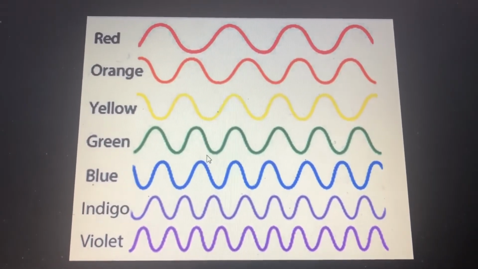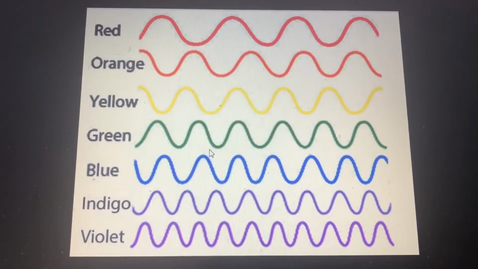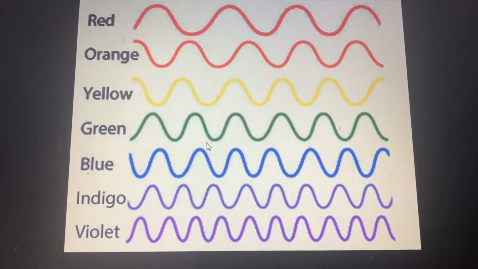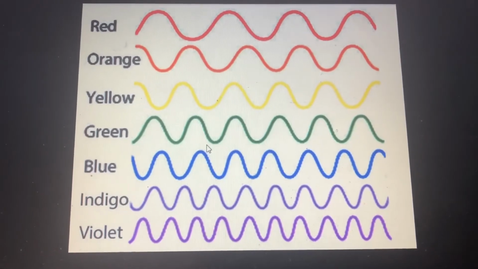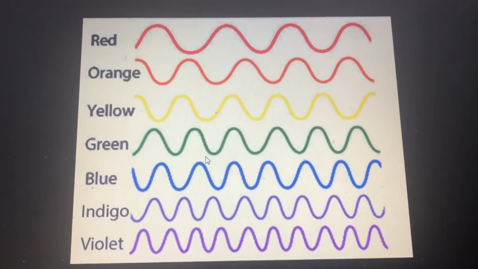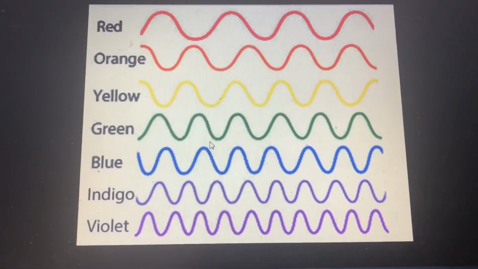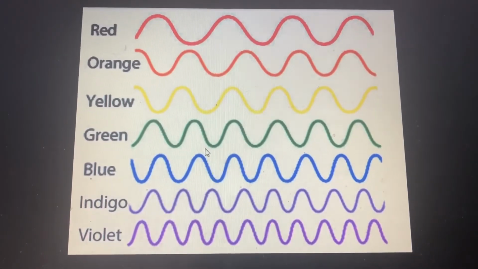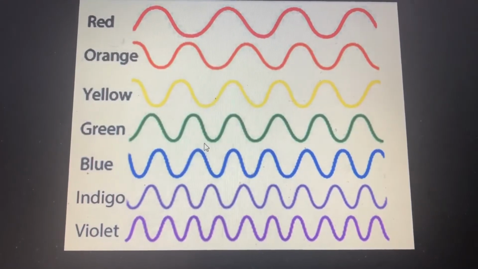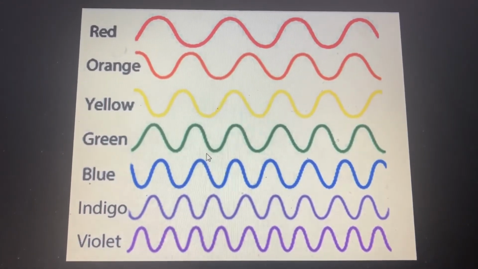Okay, so you see the red is longer, then orange a little bit shorter, yellow a little bit shorter, green a little bit shorter, blue shorter, indigo shorter, violet shorter. And that is the light that the human eye can see. And above the red, remember, there are more waves, and below the violet there are more waves. But those are the light waves that the human eye can see.